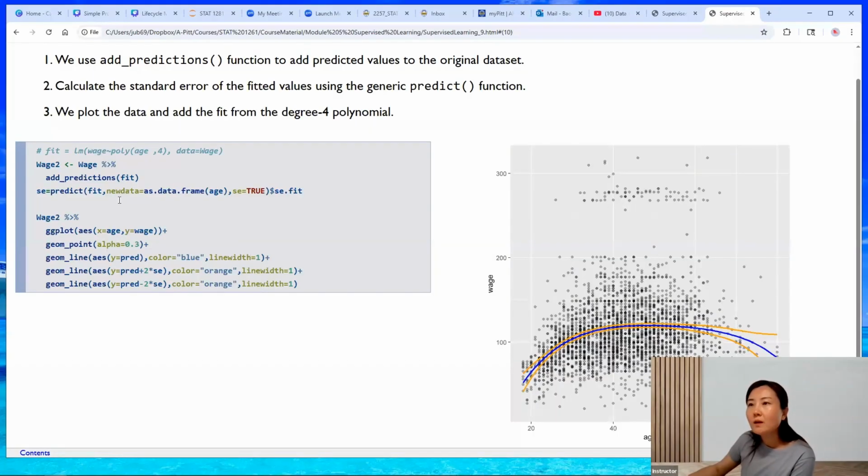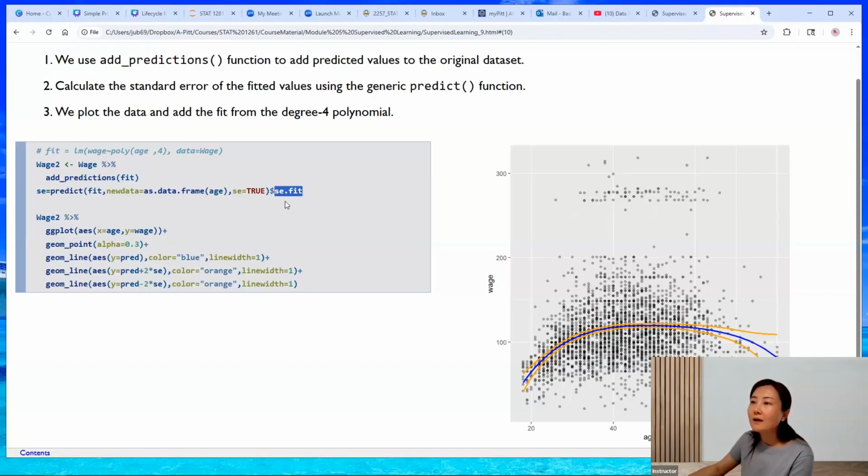In particular, we use this predict function to do prediction for our x variable, age. And the model we use to do prediction is fit, which is what we got from the previous slide. And se equals true means I want to calculate the standard error of the mean response.